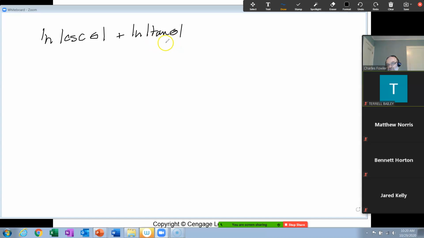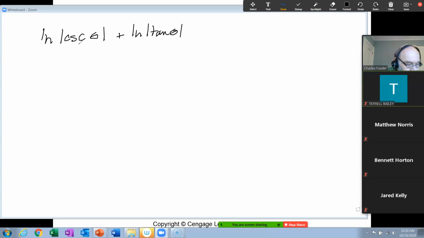Now if theta is between 0 and pi halves, cosecant is also positive here. But it doesn't have to be that. If theta was between minus pi halves and 0, then tangent theta would be negative. You would need the absolute value bars. So they're being safe here, having both of those expressions there.